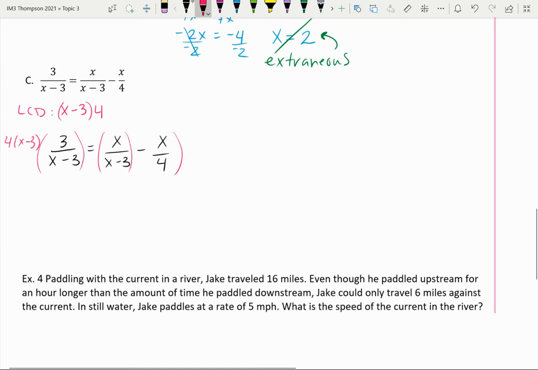Now you can kind of choose here. I could write it next to every fraction, or I could write it next to one fraction and then distribute. So I'm going to do this one just so it looks a little differently. They're the same result. I'm still multiplying everything by the LCD.